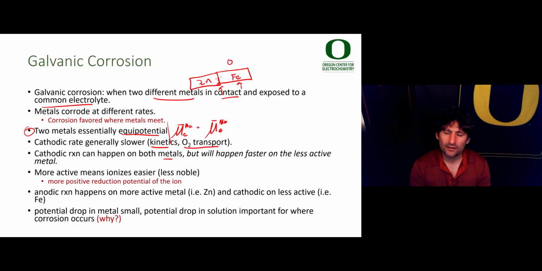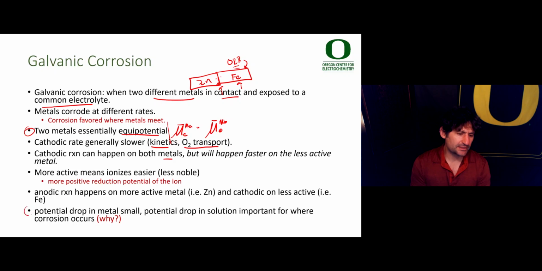So ORR is going to tend to happen faster on the less active, more noble metal. And that's for a number of reasons. One of them is that this zinc surface is going to be corroding and oxidizing, whereas this iron surface will maintain some of its exposed metal to actually catalyze the ORR reaction.